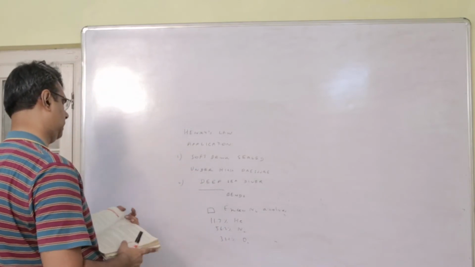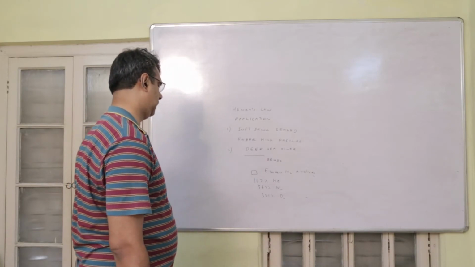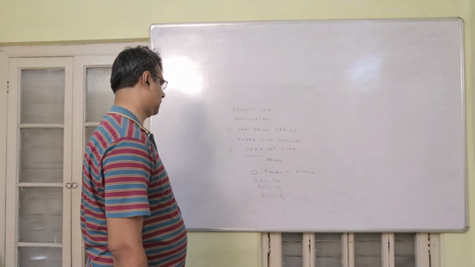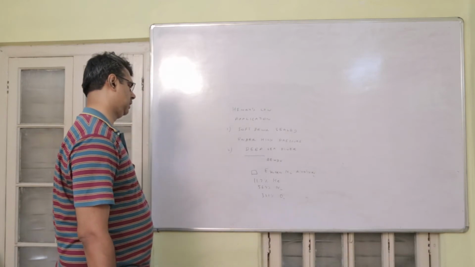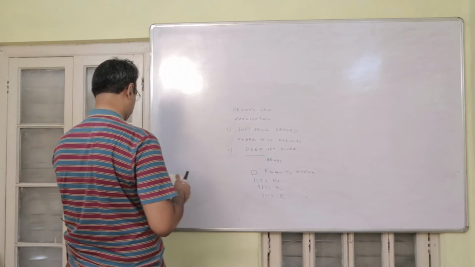In the tanks, the percentage breakup is something like this: 11.7% is helium, 56.2% is nitrogen, and 32.1% is oxygen. This is done to avoid the painful condition called bends.